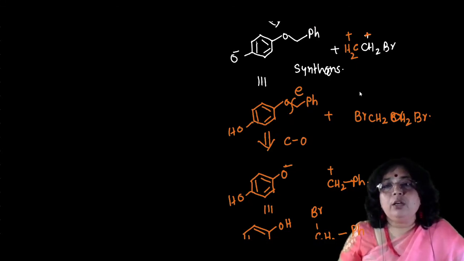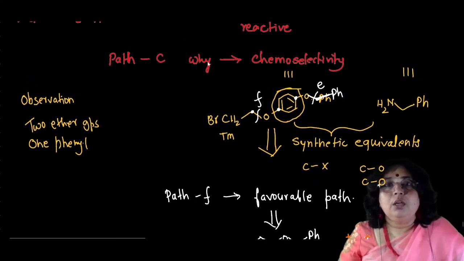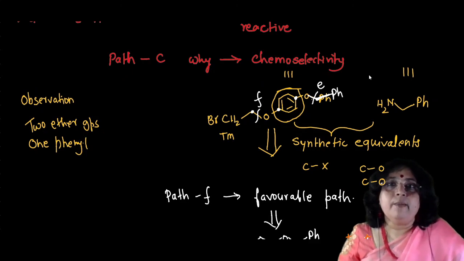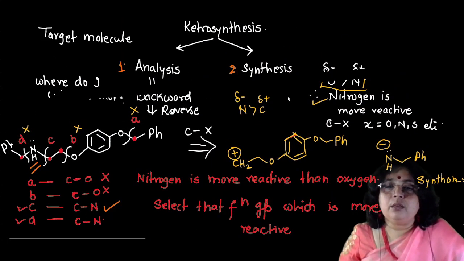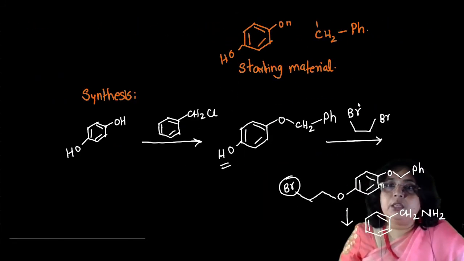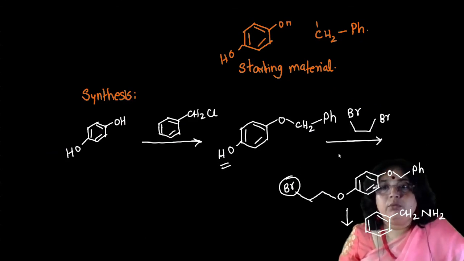You will get a clue about what types of reagents you are going to use in the synthesis of the molecule. In the analysis part you can cross-check it, and you can obtain the various reagents, and accordingly you can carry out the synthesis of the target material.